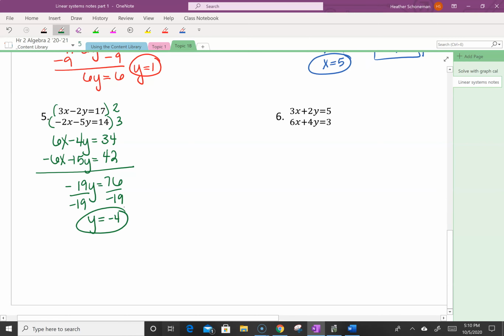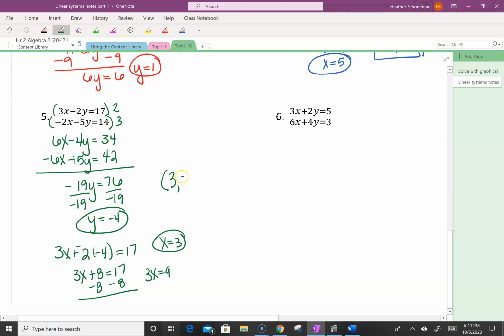Now that I know what y is, I'm going to plug it in, so I have 3x minus 2 times negative 4 equals 17. Well, this is really negative 2, so negative 2 times negative 4 is positive 8. Subtract 8 from both sides, so I get 3x equals 9, so x is 3. So my final answer as an ordered pair is 3, negative 4. Make sure you write the x first.